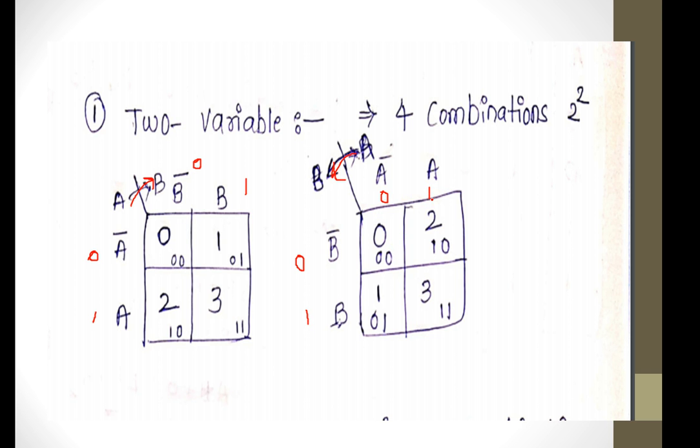The second combination, A is 1 and B bar is 0, so 10, that is 2. In this column A bar and in this row B, so A bar B is 01, that is 1, and in this row A is 1 and B is 1, 11, that is 3. This is the two variable K-map.